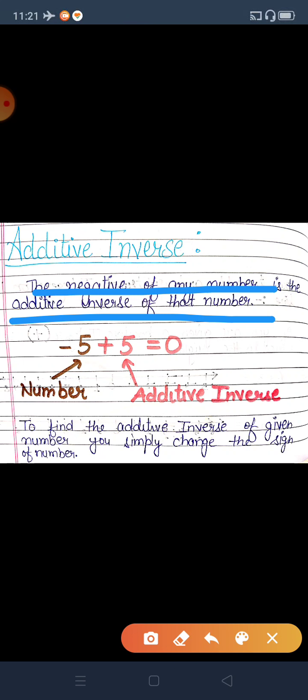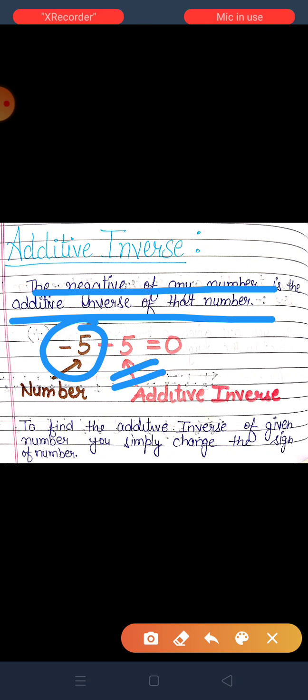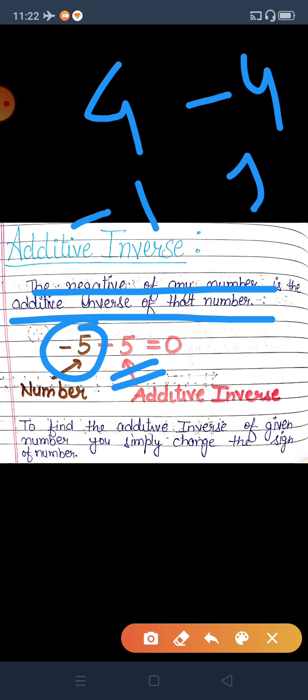If you are given the number minus 5, its additive inverse is the opposite of that. The opposite of minus is plus, so the opposite of minus 5 is plus 5. The opposite of 4 is minus 4. The opposite of minus 1 is plus 1.